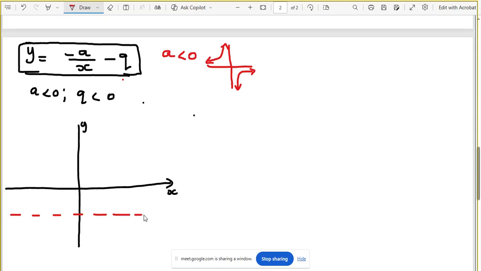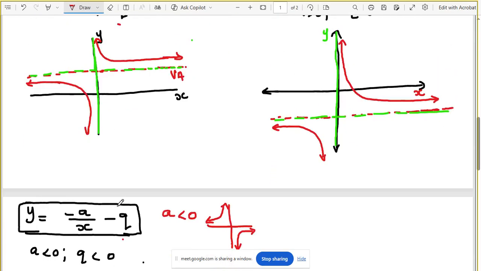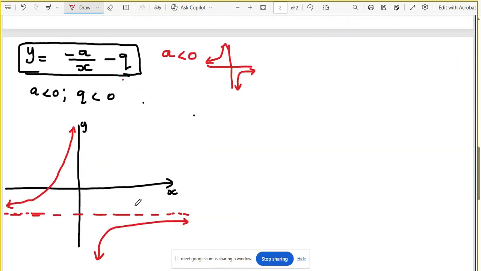Then, since the value of a is less than 0, our graph will be in quadrant 2, but it should not touch the dotted line, and it will be in quadrant 4. So this is the difference from the first one. You see how it changed?